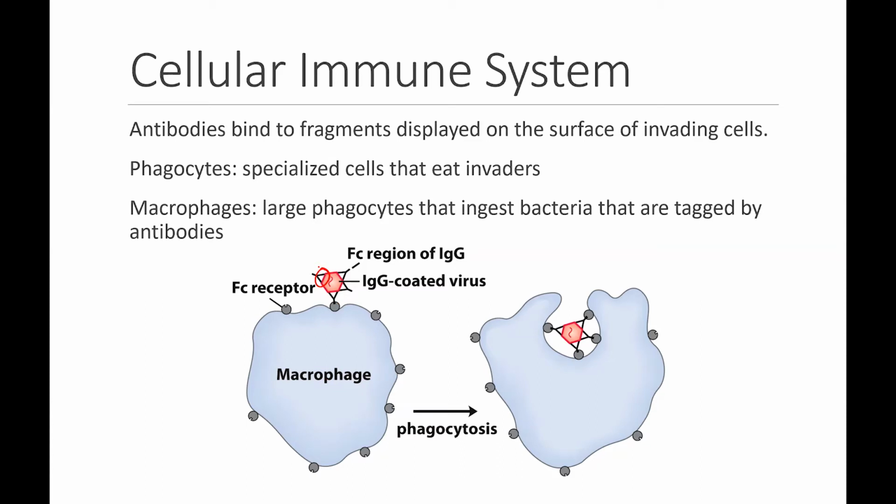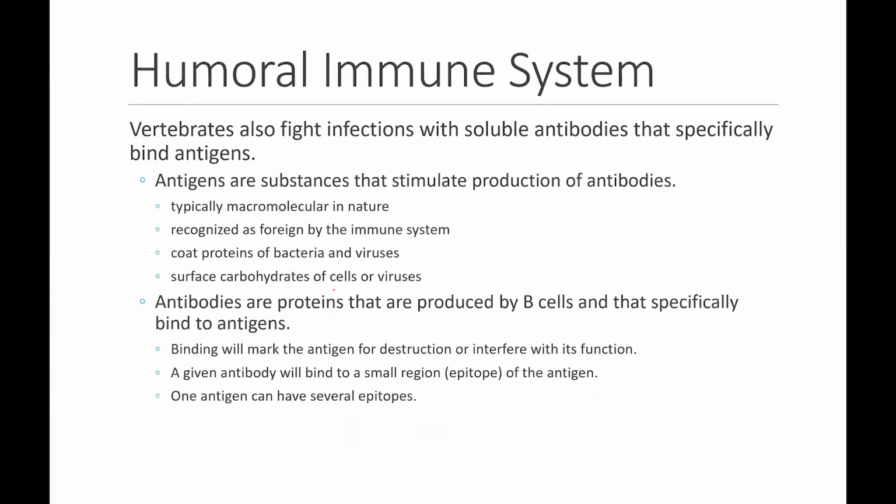And then the other side of the antibody binds to a receptor on the actual phagocyte or the macrophage. So one side is binding to the foreign invader, the foreign cell, and the other side is binding to the macrophage to help the macrophage recognize where it needs to engulf.